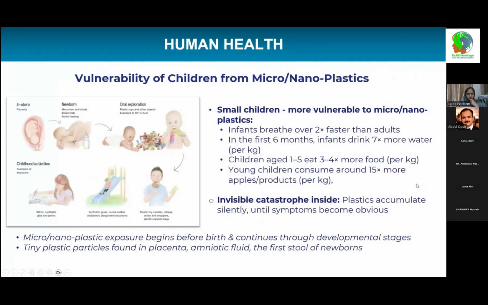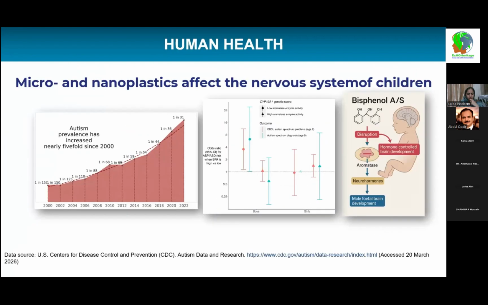What is also interesting is that researchers are now investigating how prenatal and early life exposure to micro and nanoplastic contributes to neurodevelopmental disorders. And although the causality is still to be established, there are already studies showing that prenatal exposure to plastic associated with chemicals like BPA was linked to an increased likelihood of autism spectrum disorder.